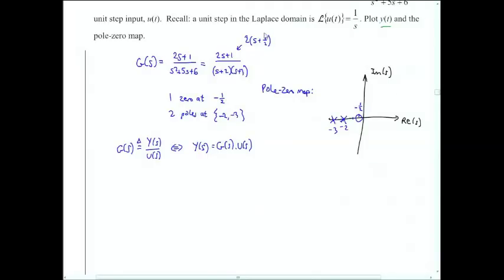And we're told that the input we're giving it is a unit step. The Laplace transform of a unit step is 1 over s. So here we have 2s plus 1 over s plus 2, s plus 3 times 1 over s.